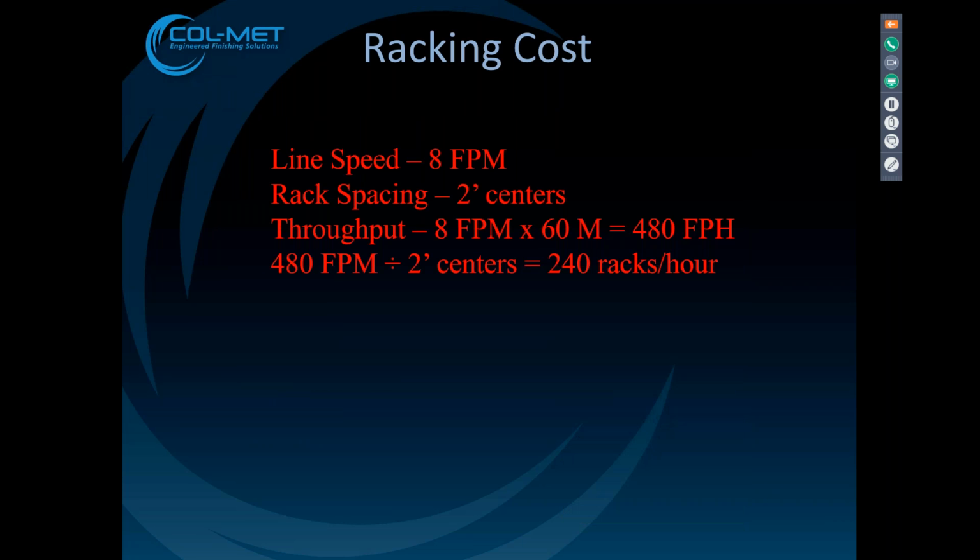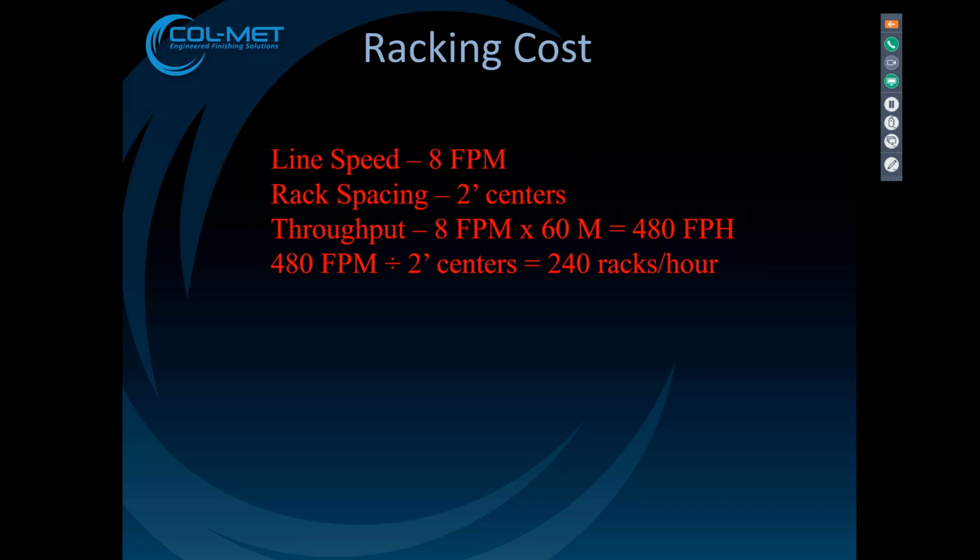Now, some people are sometimes concerned with the cost of racking. Here's a scenario that gives people an opportunity to consider the cost. We have a customer with a line speed of 8 feet per minute. The rack spacing is on 2-foot centers.